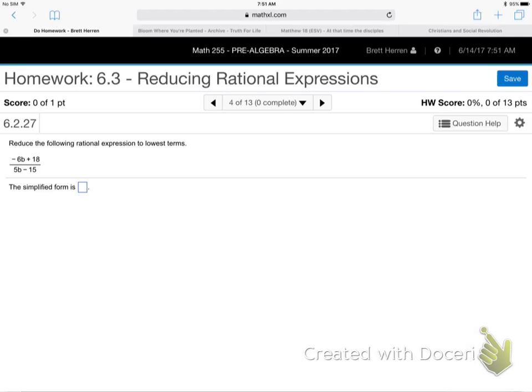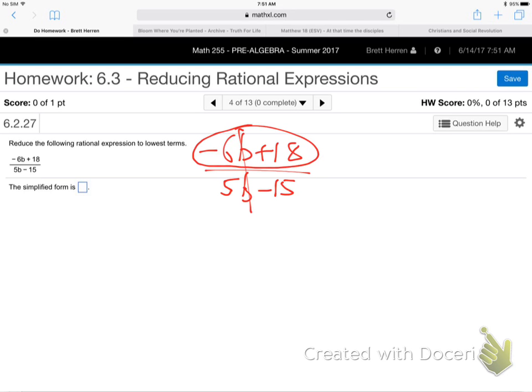Yeah, this is a lot of what goes on in the next class, these fractions and the reducing of fractions. So minus 6b plus 18 over 5b minus 15. For example, let me give you one for instance. Could I just say, I'm just going to cancel these b's right now, since they match? Why can't I do that? Yeah, because the top is saying, I am a package. I am plussed.